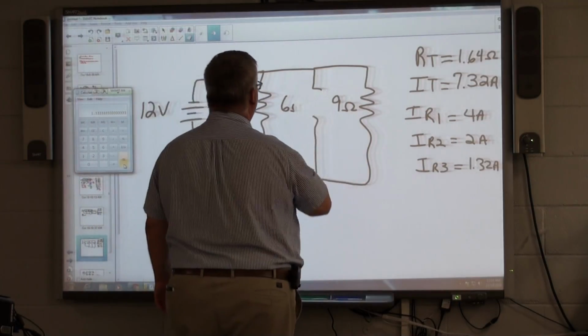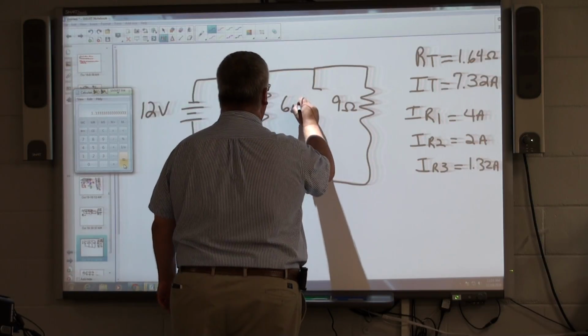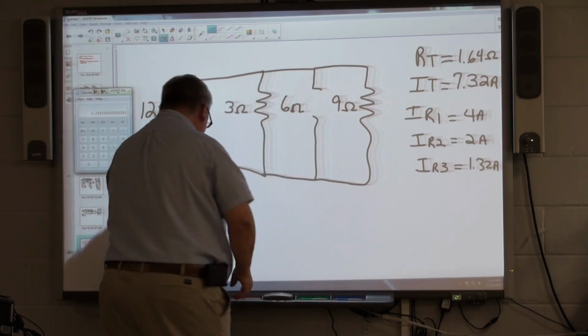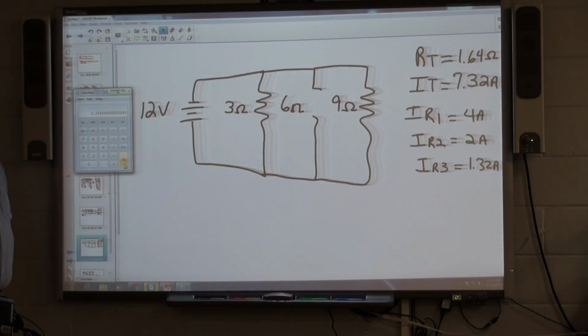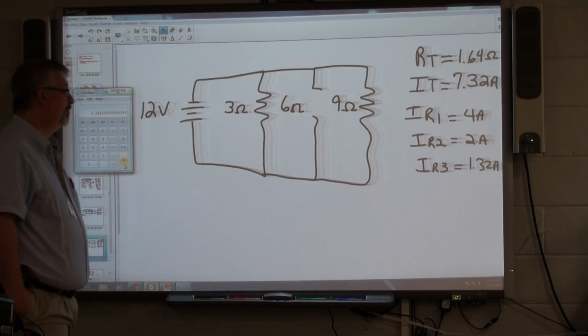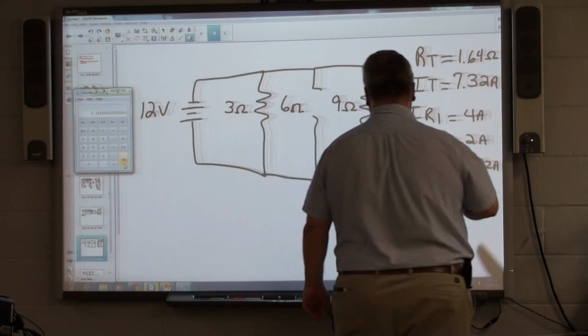R2 opens. R2 is supposed to be a 6 ohm. What just happened to our circuit? The first one stays the same, and the second one gets all the current. Your total resistance changed.